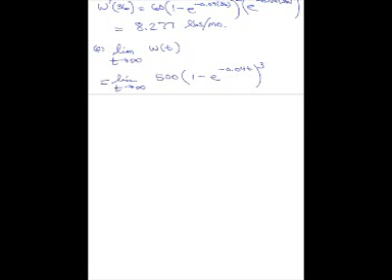I'm going to show you a method that will make taking this limit straightforward. What you do is you start with the most inside part of the function where the variable is, and then you work your way out. So as t goes to infinity, what's the first thing you do to a t value?